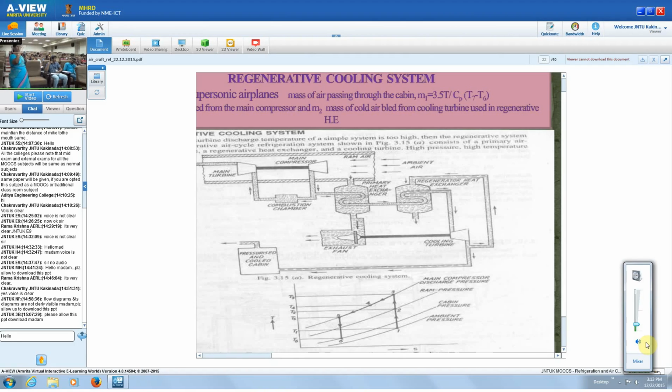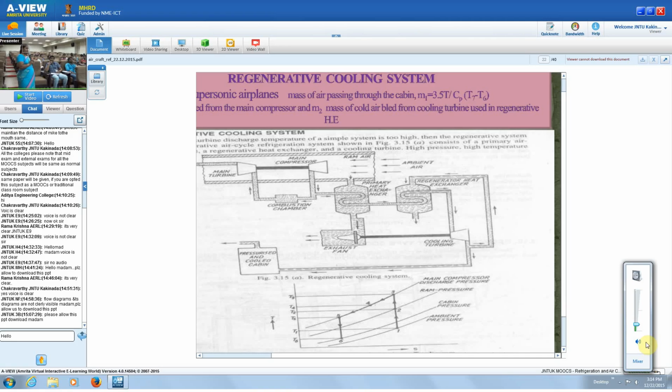So the heat taken away by this exhaust used here for cooling the regenerator, if you take that mass as M2, is M2 into Cp into delta T. So the delta T will be T8 minus T6, because T6 is the regenerator inlet and T8 will be the exhaust of that.